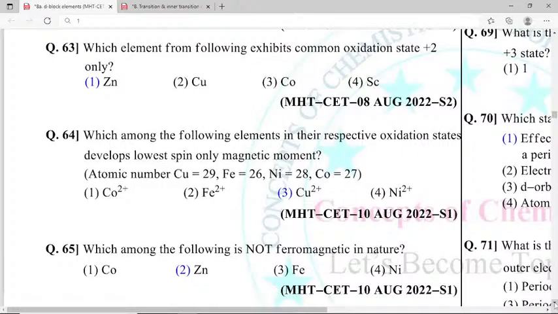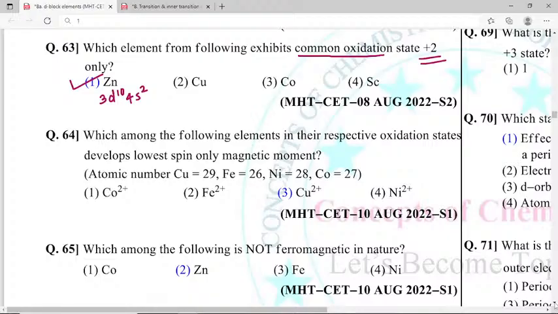Which element from following exhibits common oxidation state +2 only? Zinc, because 3d10 4s2, there are 2 electrons from 4s, common oxidation state +2.